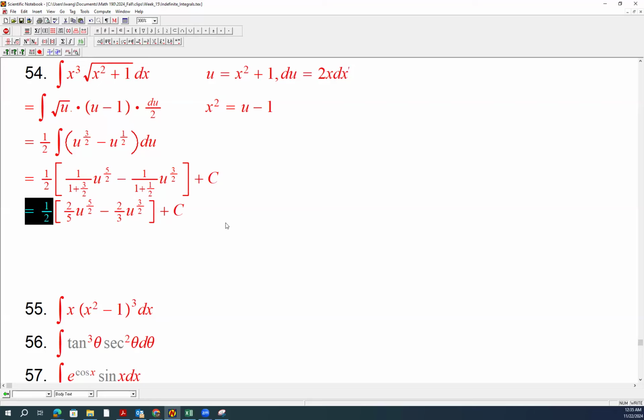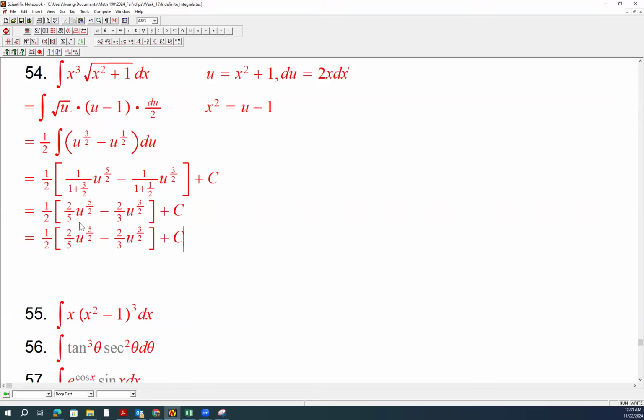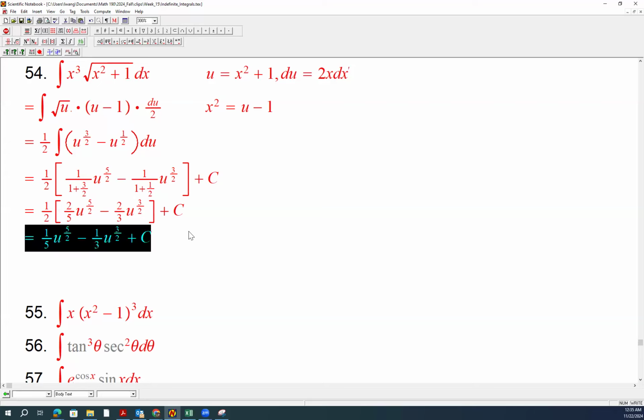So if I multiply the half inside, we can drop the bracket and we just have 1/5 here and 1/3 here. Done. Almost.